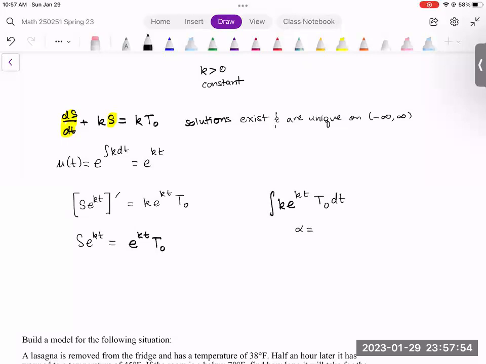Let's call it u equals kt. So du is k dt. And so that makes this e to the u times t naught dt, or e to the u t naught.